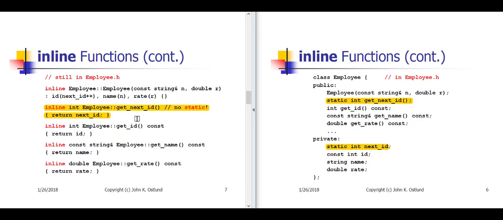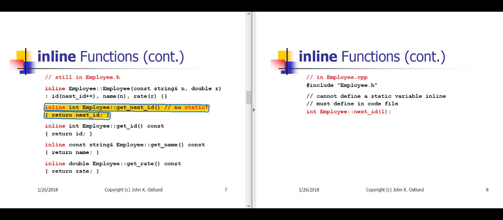However, it's an error for some reason to define the function as static in the inline definition. Okay, so you do declare the static member function as static in the class definition, but for whatever reason you don't define the function as static below the class definition. This is just one of those picky details that C++ likes to throw at you.